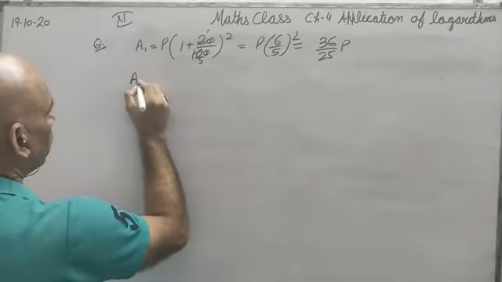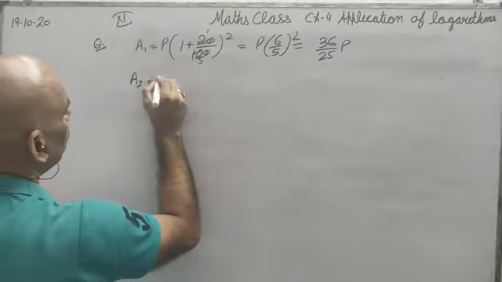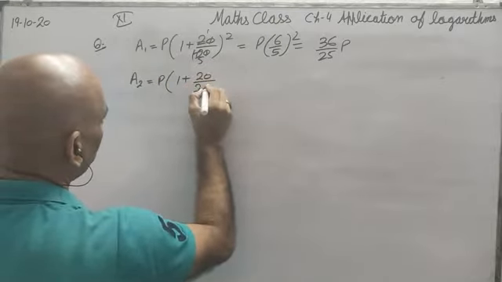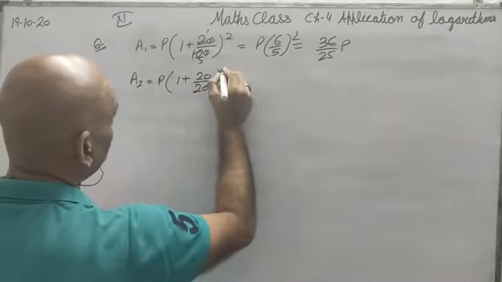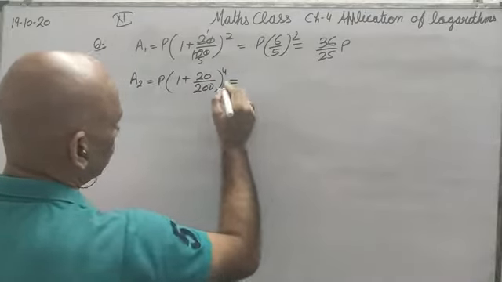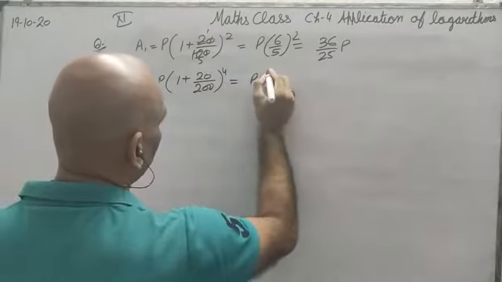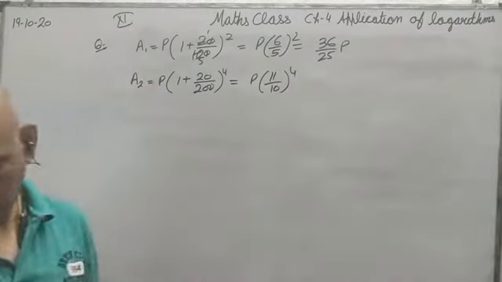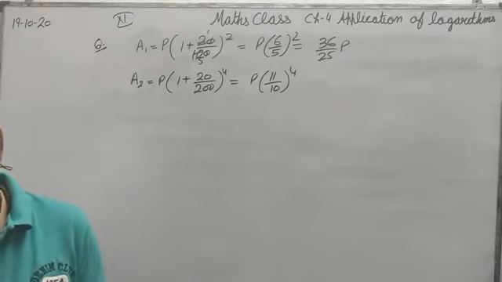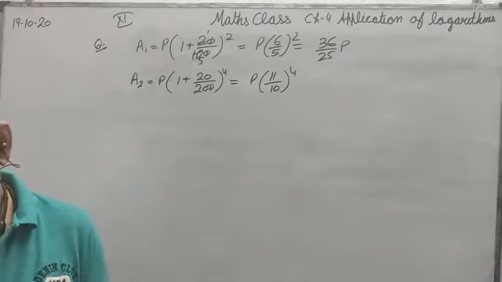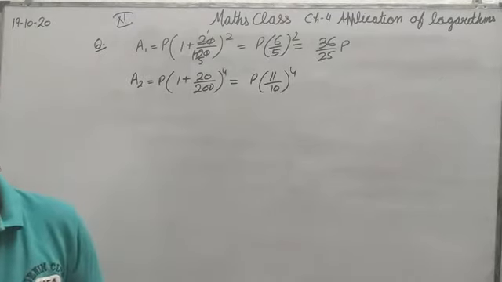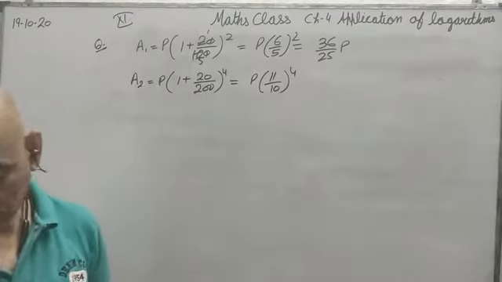Similarly, I will get this A2 as P (1 + 20/200) to the power 4. So I am going to get P (11/10) to the power 4. And thereafter, what I'll have to do, I will have to subtract it, and then I want to get the result 482.